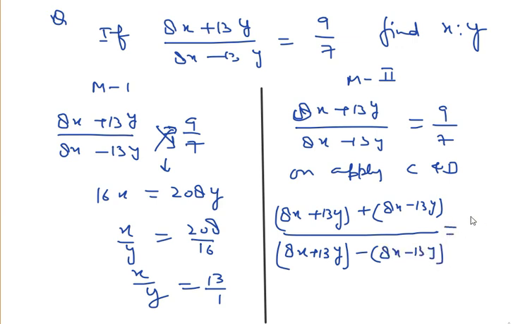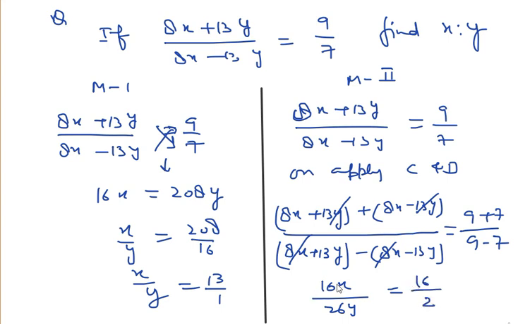Same applies on the right hand side, numerator plus denominator upon numerator minus denominator, and you will see you are going to cancel this out. This will be 16x upon 26y is equal to 16 upon 2. We can cancel out, and finally x upon y will be equal to 13 upon 1.